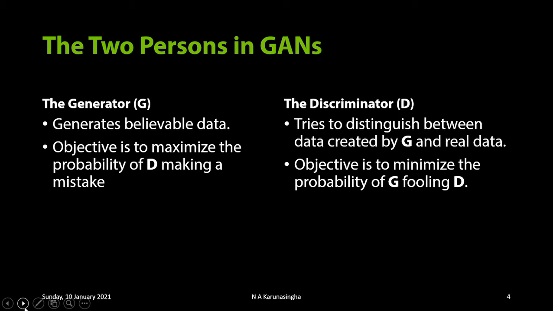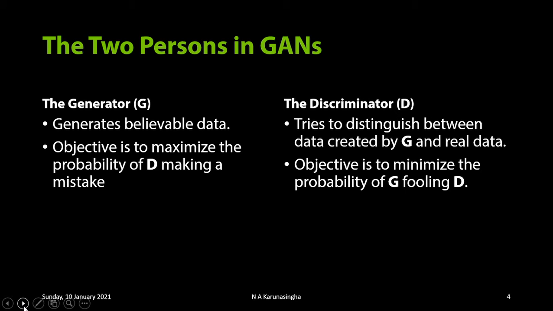And if you look at the discriminator, its job is to distinguish between fake data created by the generator as well as real data. The objective of the discriminator is to minimize the probability of the generator fooling the discriminator. So we can see how this is a zero-sum game.